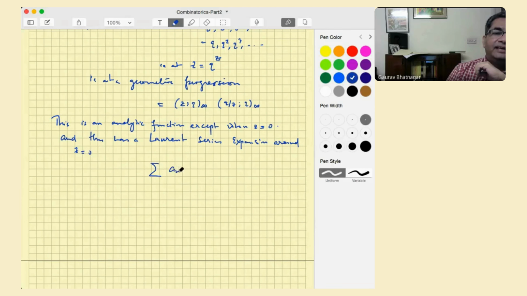It looks exactly like a power series expansion, except you're going from minus infinity to plus infinity. So 0 is not, this is called a meromorphic function. So not holomorphic, but it's called a meromorphic.